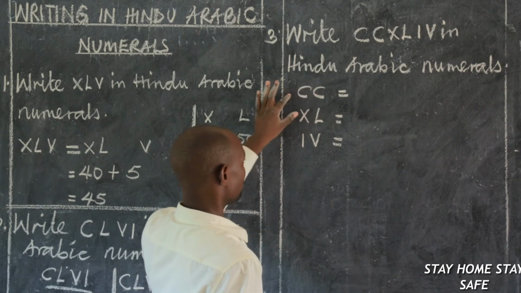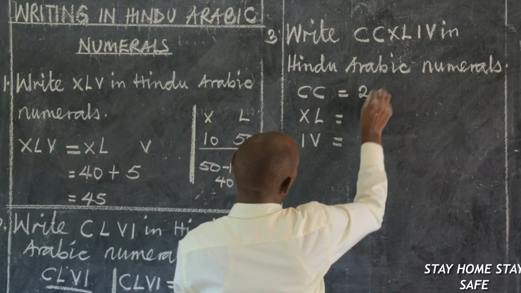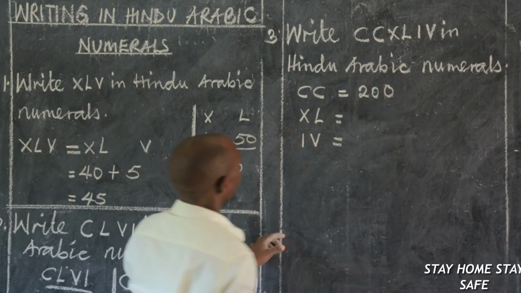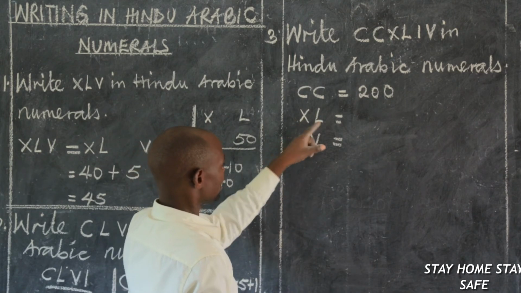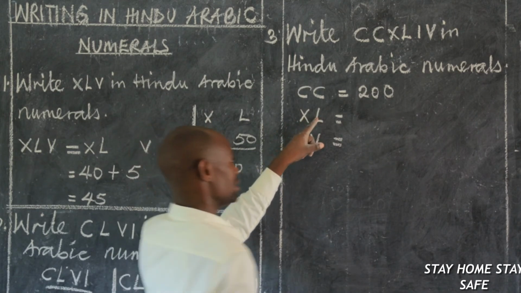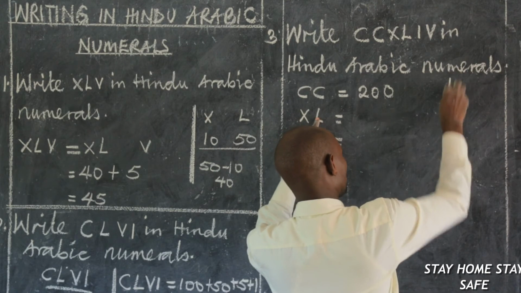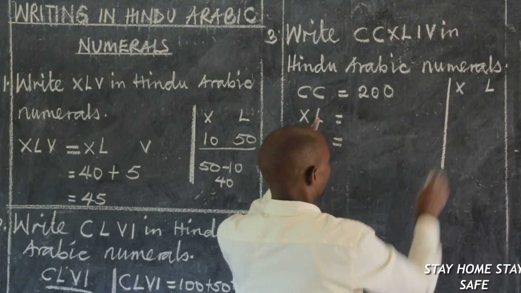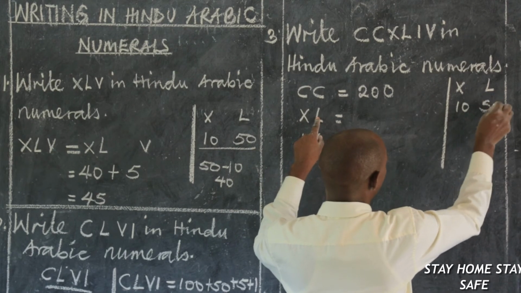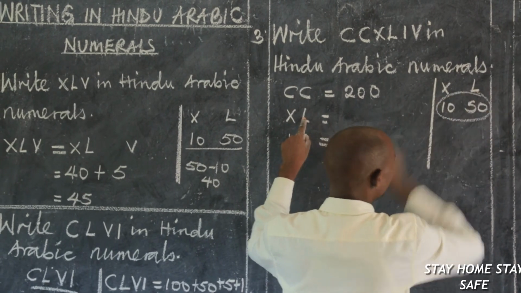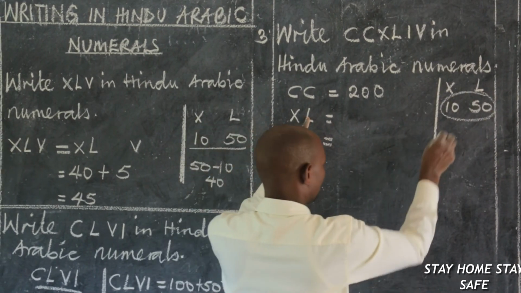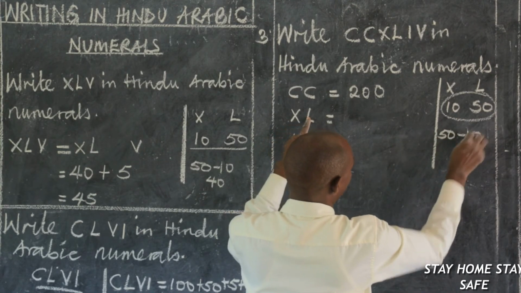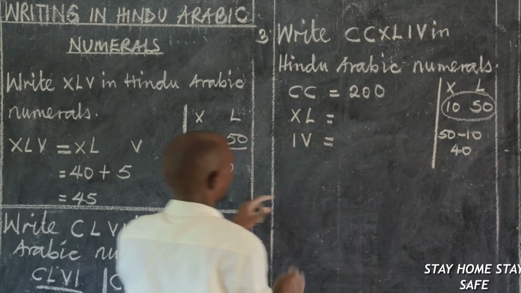What is this one going to give you? 100, 100. 100 plus 100, what do we get? 200. When a smaller one begins, what happens? Come here. This is X, this is L. This is 10, this is 50. So you interchange and subtract, which is 50 minus 10, which will give you 40.